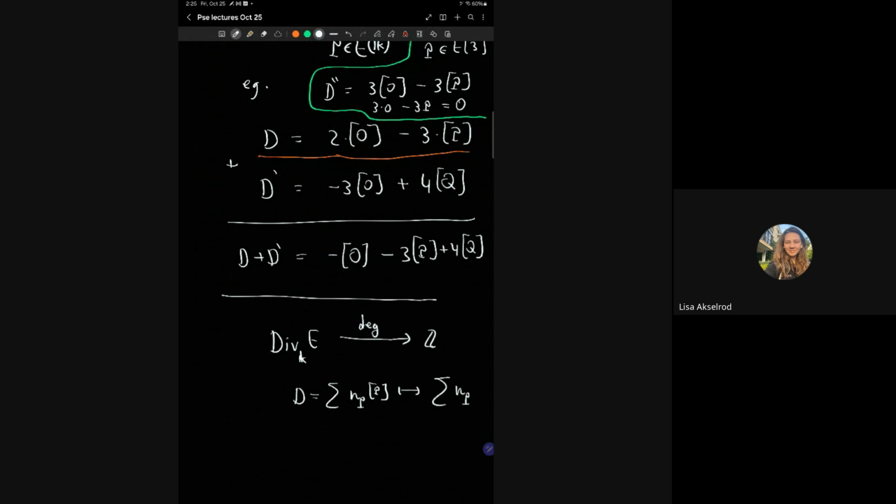And this is actually a group homomorphism, a group map.